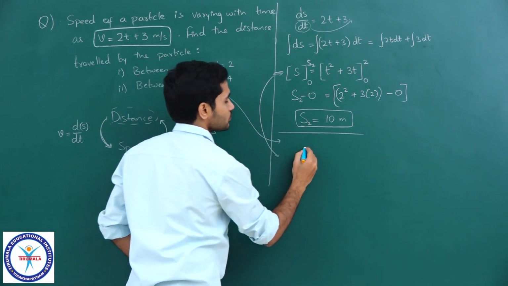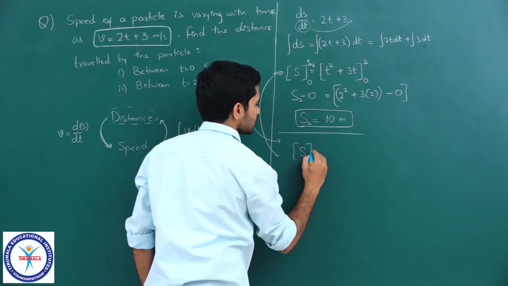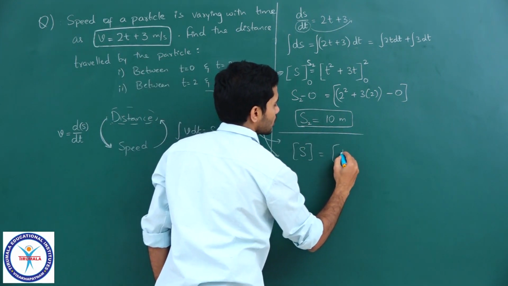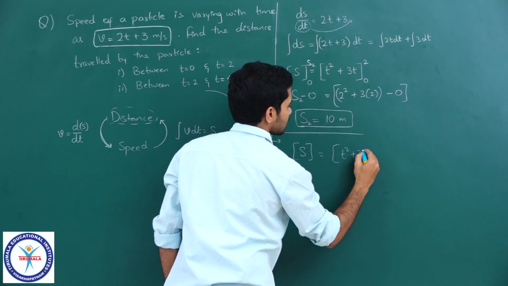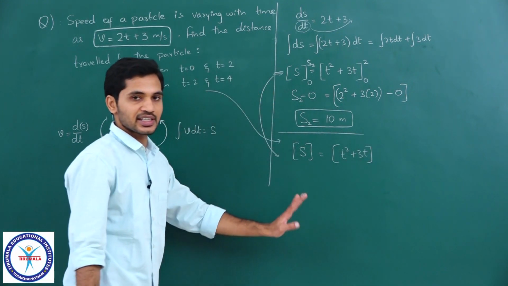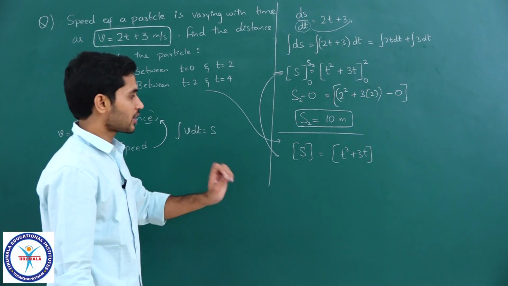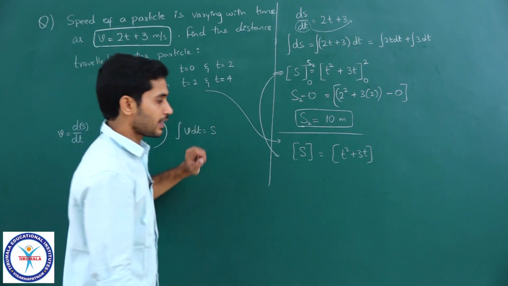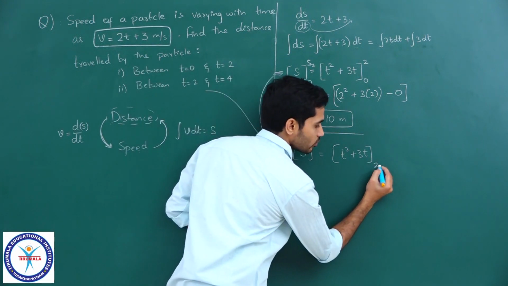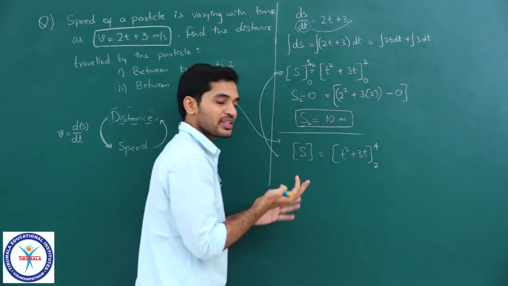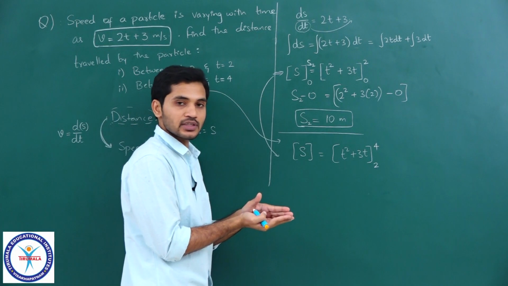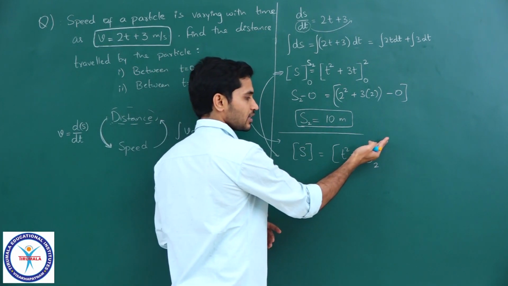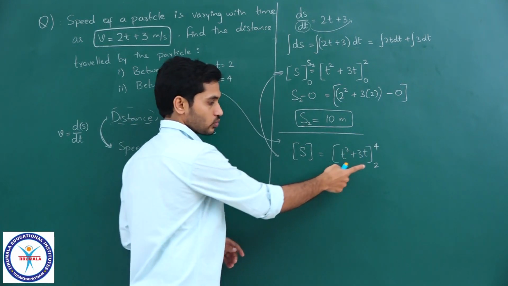So let me write it once again, s is equal to t square plus 3t. I am going to change the limits now, please observe carefully. So the limits of time are 2 to 4, correct. So as time varies from 2 to 4, which means between t is equal to 2 and t is equal to 4, right, that is what this means.